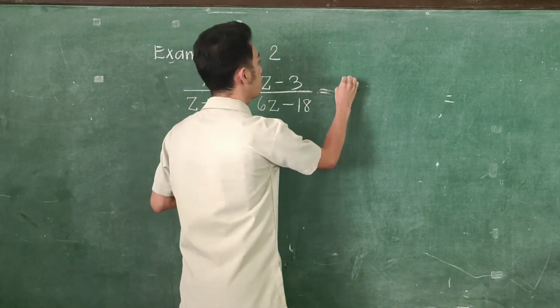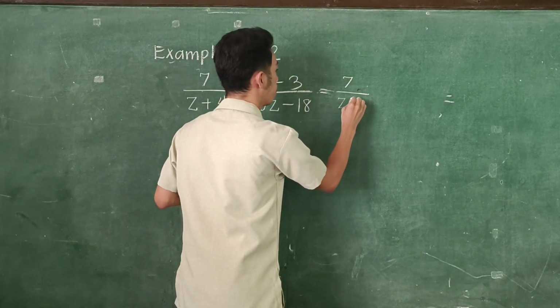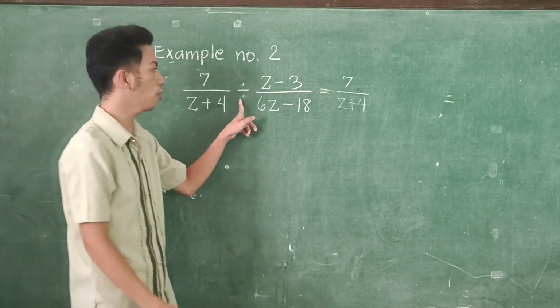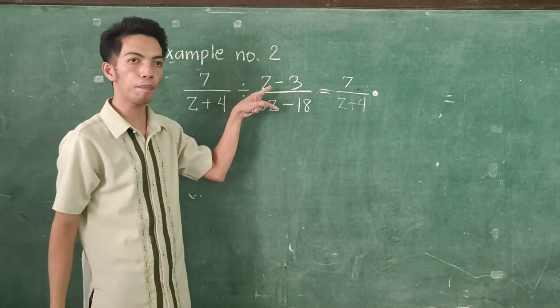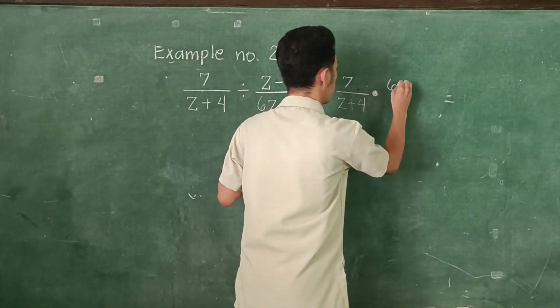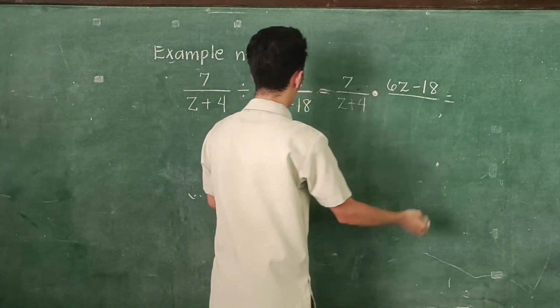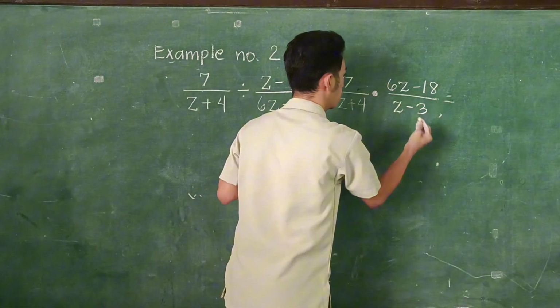We have here 7 over z plus 4. Change the operation into multiplication and then flip the divisor. So this will be 6z minus 18 over z minus 3. Okay?